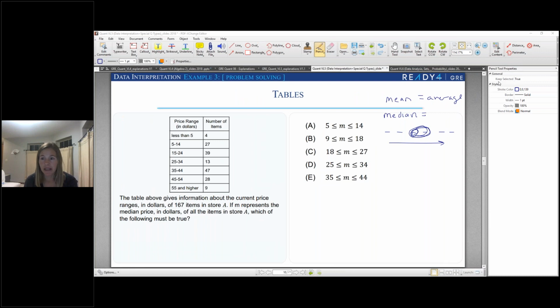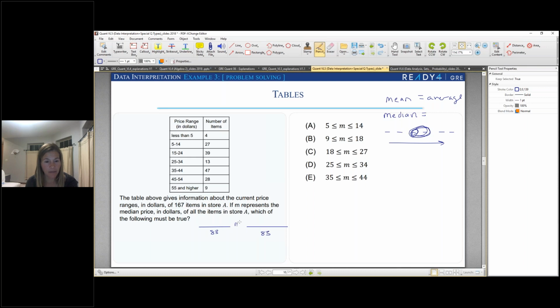Okay, so we're getting some answers on this one. The key here with the median problem is to make sure that you are doing your accounting properly. So with this guy, we have 167 items in the store, right? That means there are going to be 83 items down here and 83 items up here.